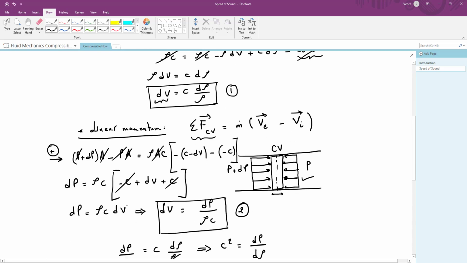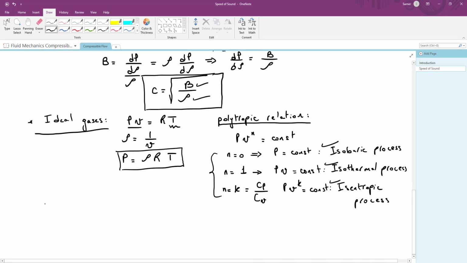We know from thermodynamics that the combination of the two conditions, frictionless plus adiabatic, simply means isentropic. Frictionless, in other words, we call it reversible.